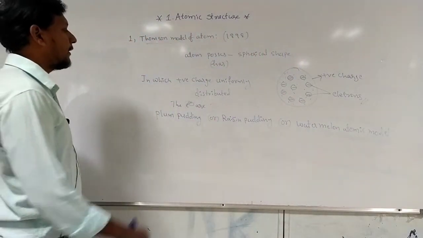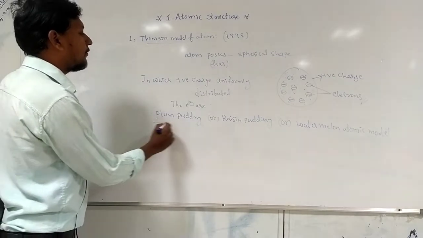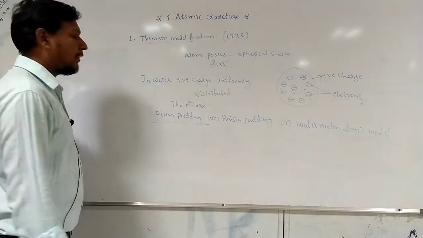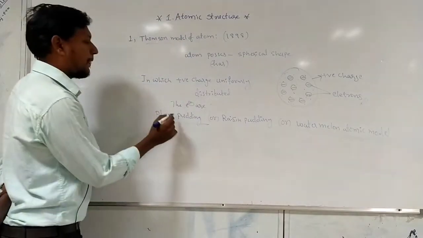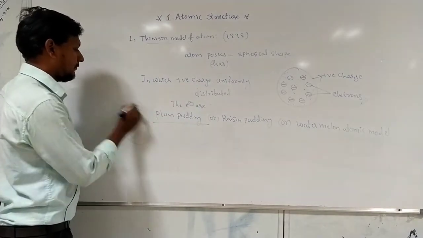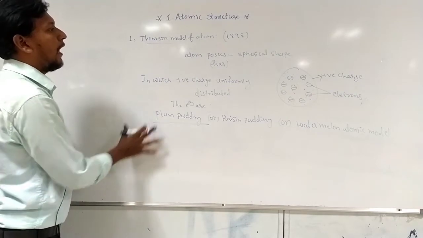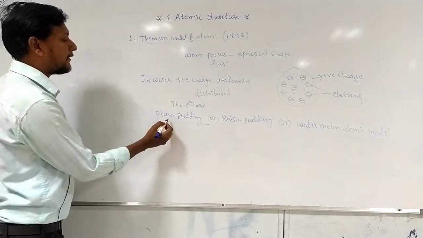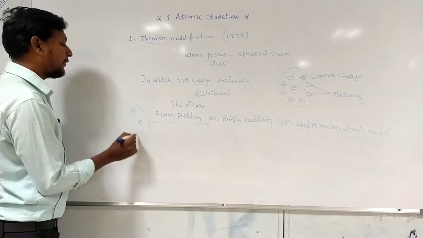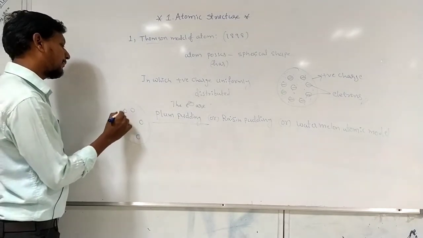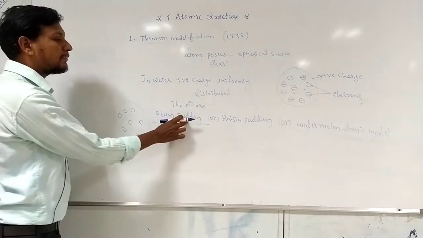Here the atom possesses the spherical shape, in which plums are distributed in pudding.